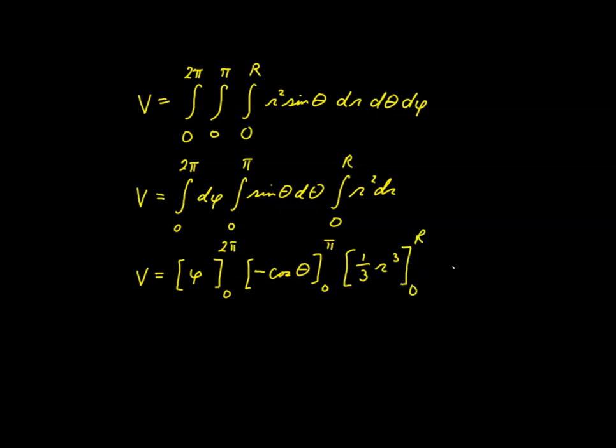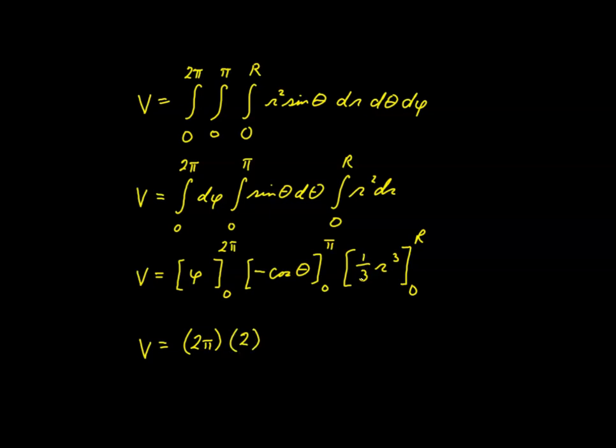All right, we'll apply the limits across here. For this one, 2 pi minus 0 is just 2 pi. So that's the first expression. Negative cosine of pi will be 1, and then plus cosine of 0, which is 1. So applying the limits here just gives us the number 2.